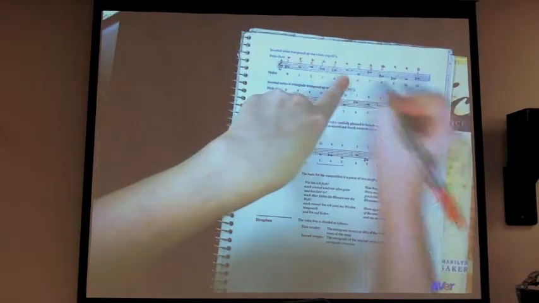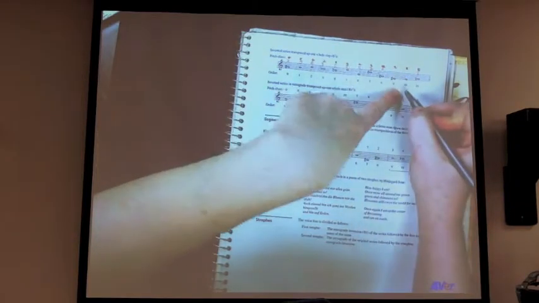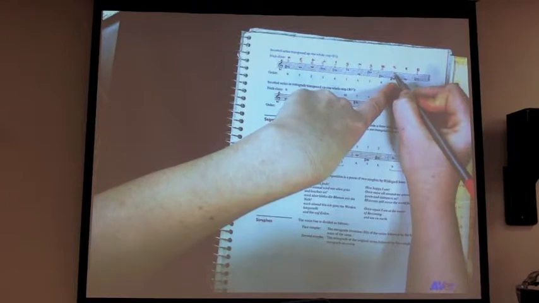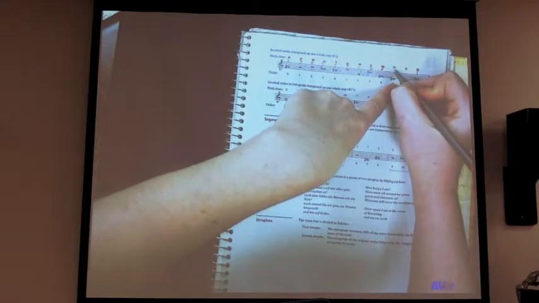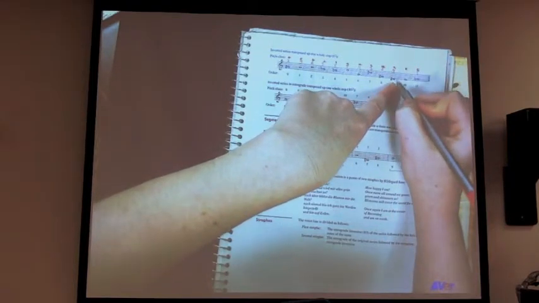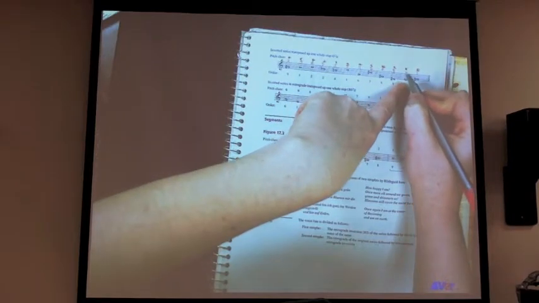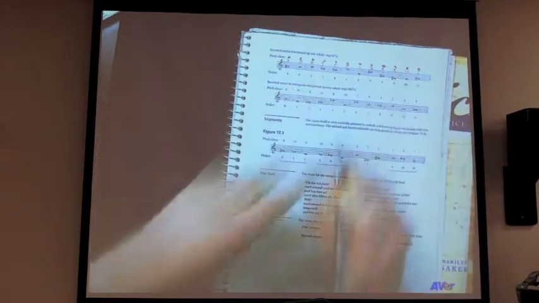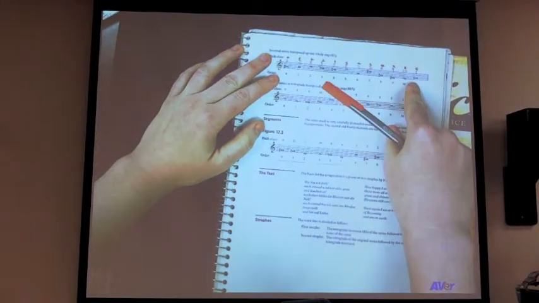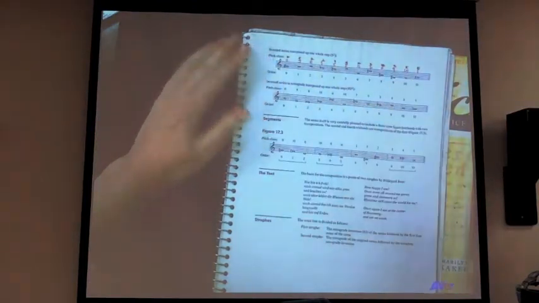Remember octaves? 8. Octaves don't matter, so this D sharp could be up here or it could be down here. It's still going to be a 9. It's still going to be a D sharp pitch class. And then 10, finally 11. So these are the proper numbers. Ignore what the book put in.